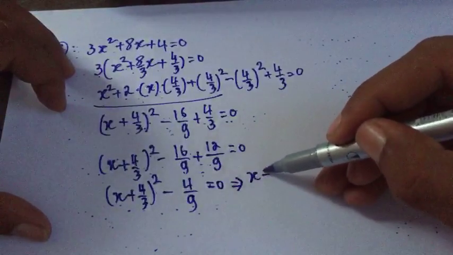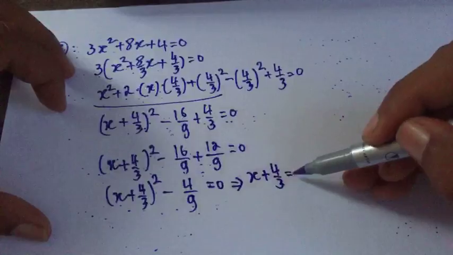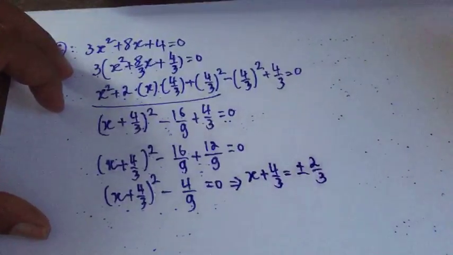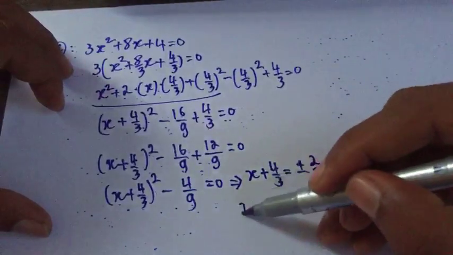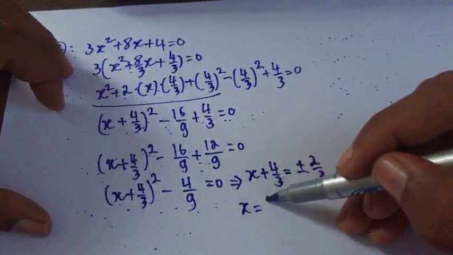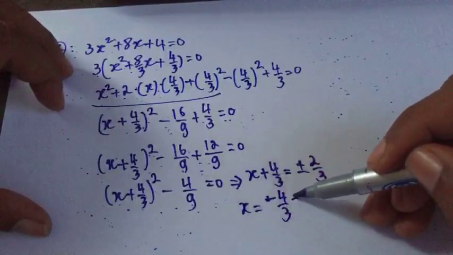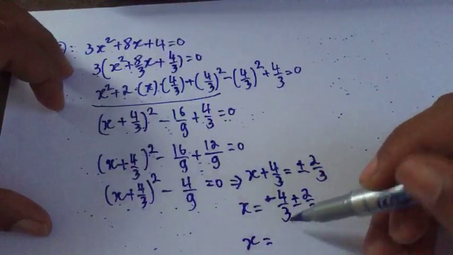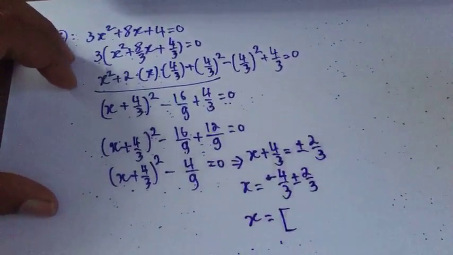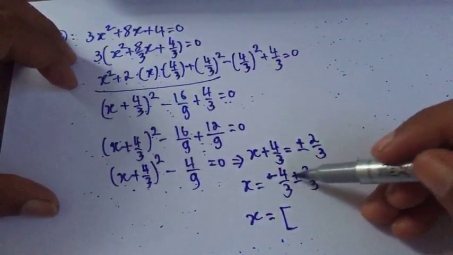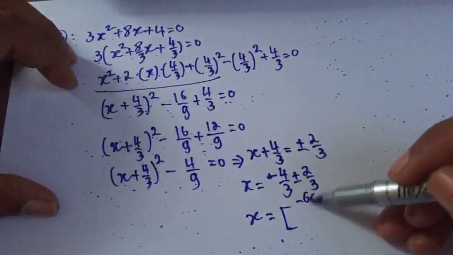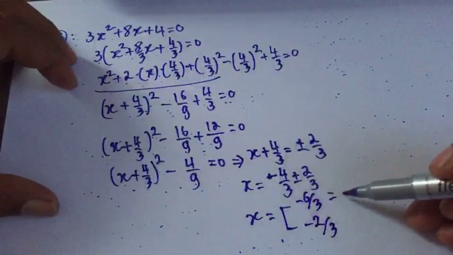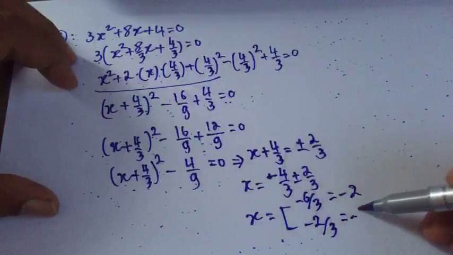We get x plus 4 divided by 3 equal to plus or minus 2 divided by 3. X equal to minus 4 divided by 3 plus or minus 2 divided by 3. So x has two values, minus 6 divided by 3 and minus 2 divided by 3. So it is minus 2.